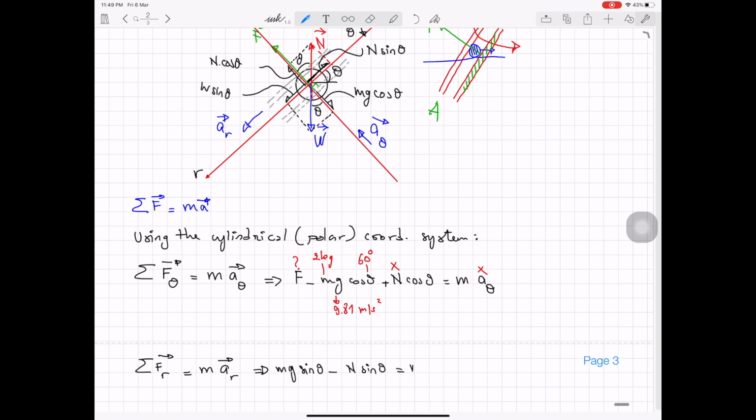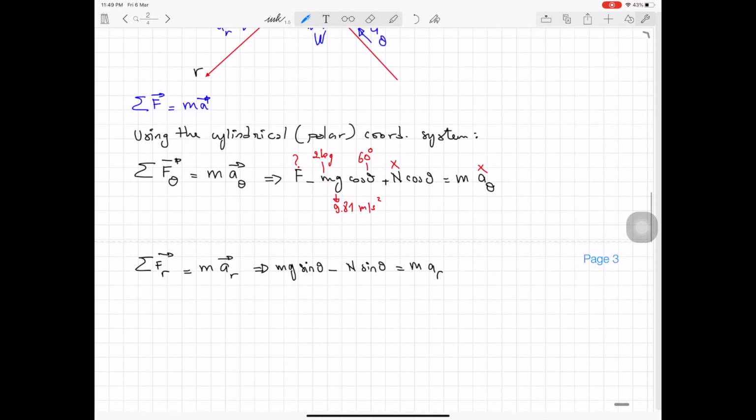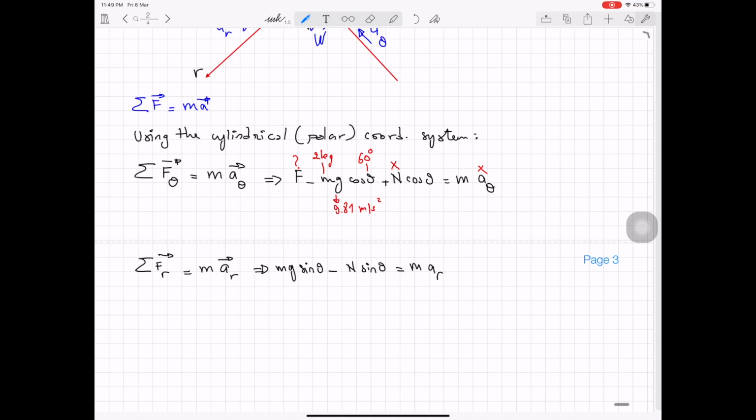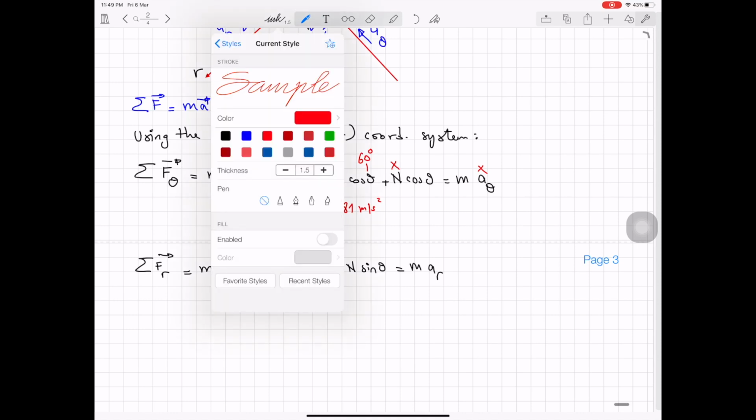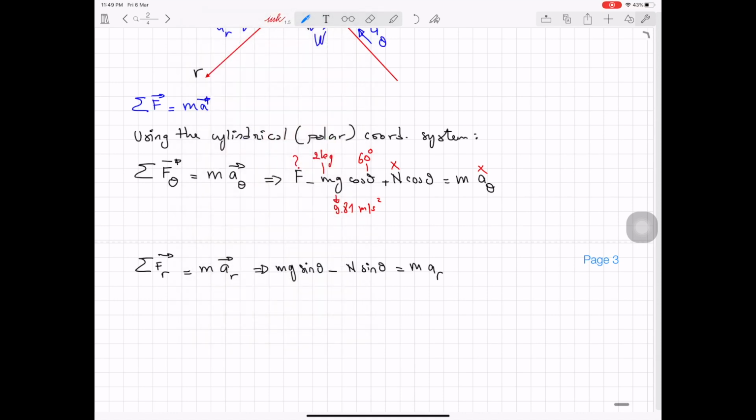This will be equal to m times the radial acceleration. Now the issue here is that I'm looking for N, but I don't have the radial acceleration.